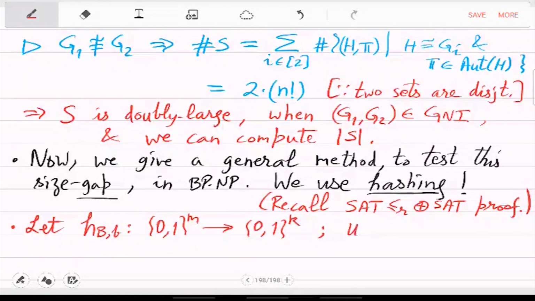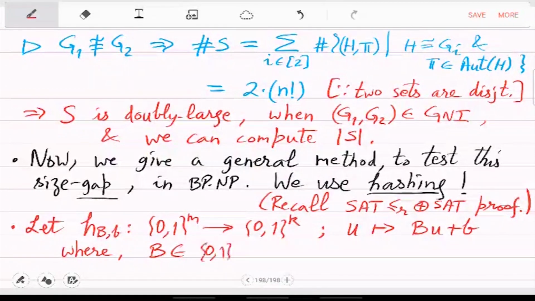It basically sends U to BU plus small b, matrix multiplication, right? Where B is, with appropriate dimensions, K cross M, and small b is a K bit vector.